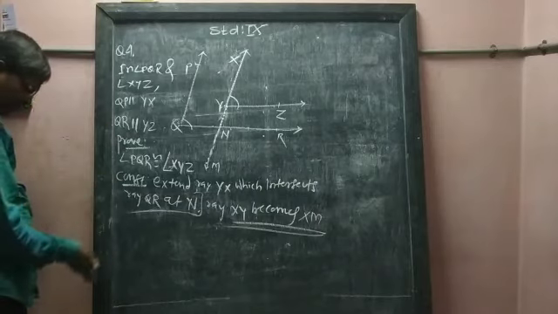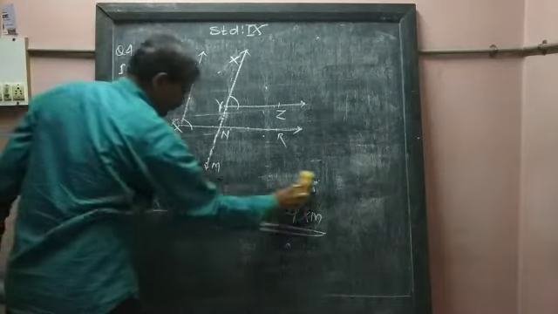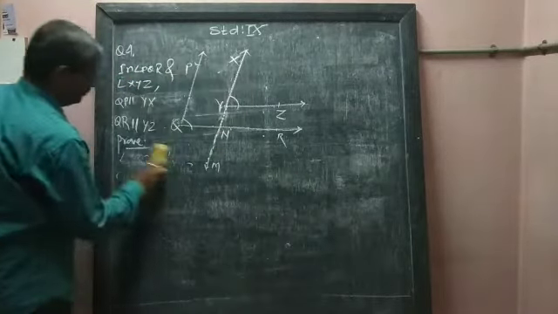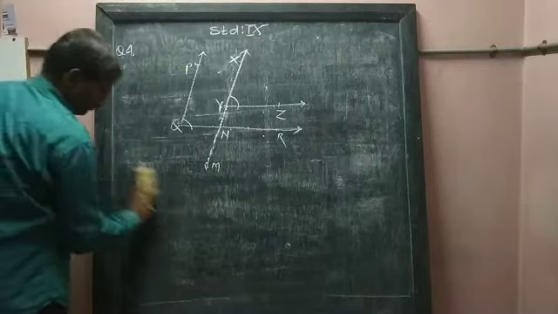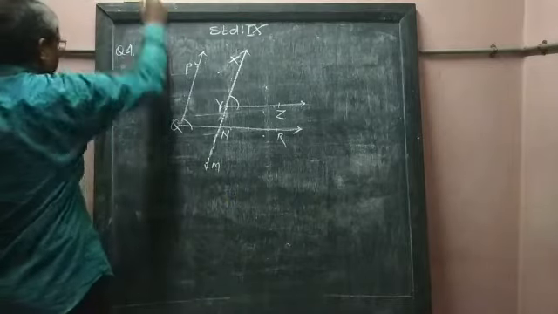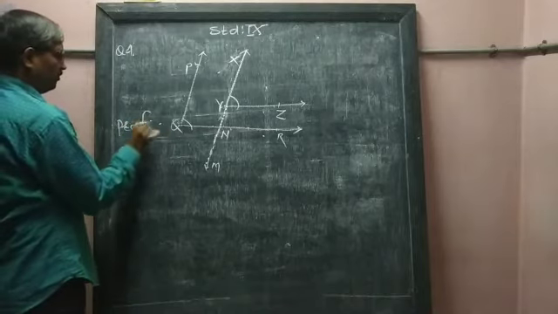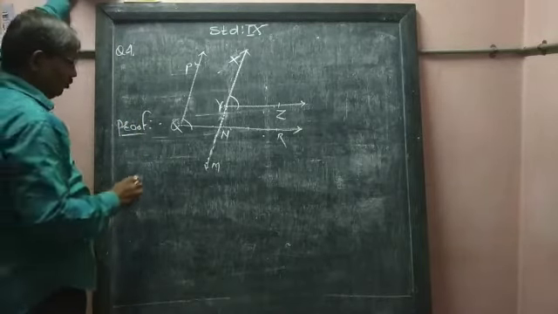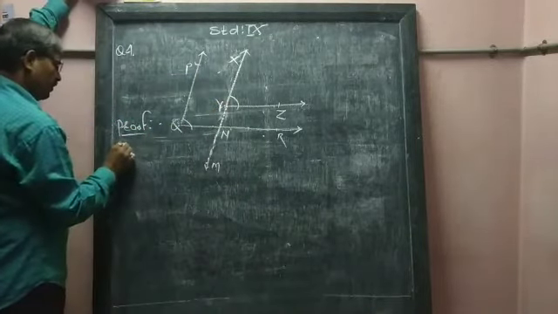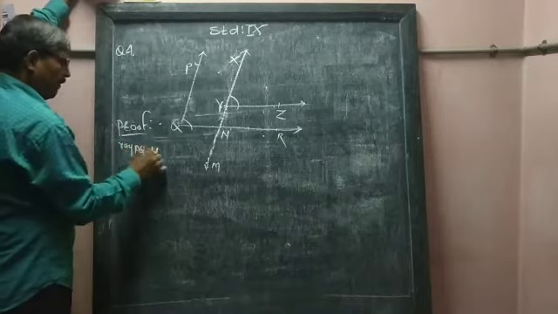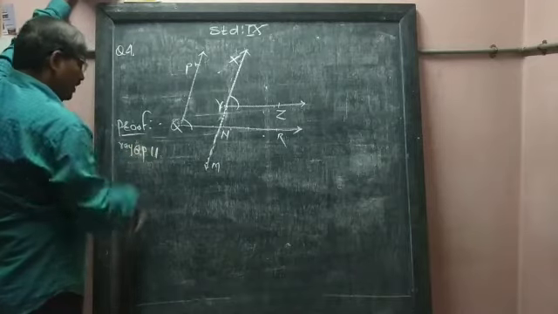So I will write here. I don't have space. I will erase this and I am going to prove all this. Okay. Now proof. Here writing proof. To prove this, PQ parallel to XY, ray PQ or ray QP, as you like.